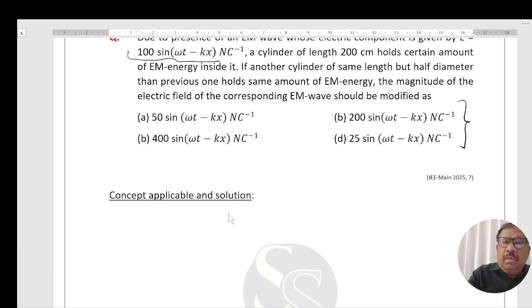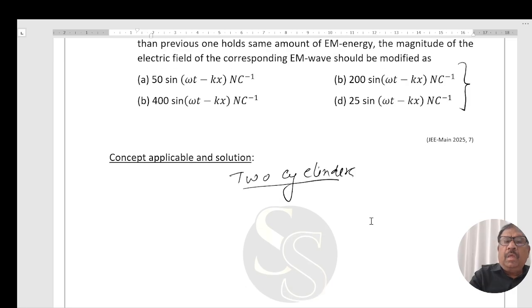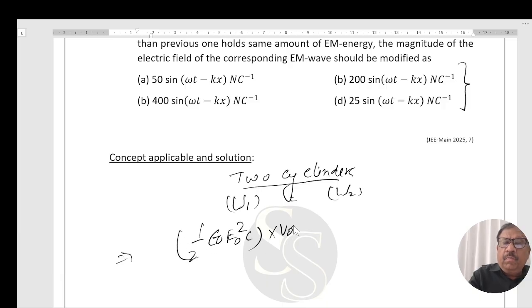That is, two cylinders are there. Then energy in first pipe equals energy in second pipe. Half epsilon naught E naught square C into volume of first equals half epsilon naught E naught square C into volume of second.